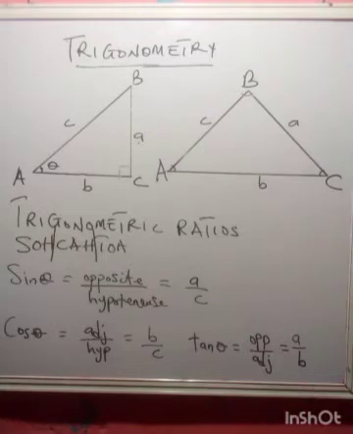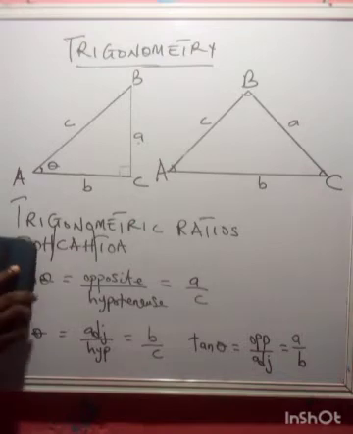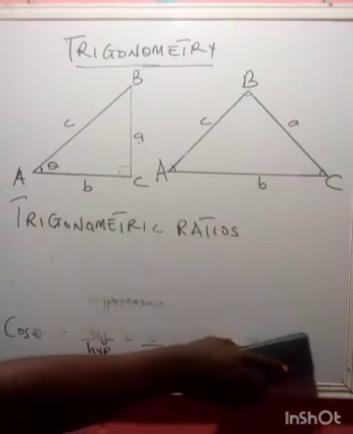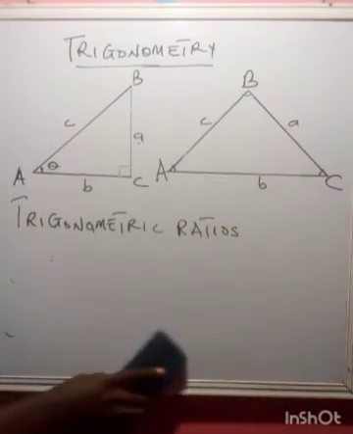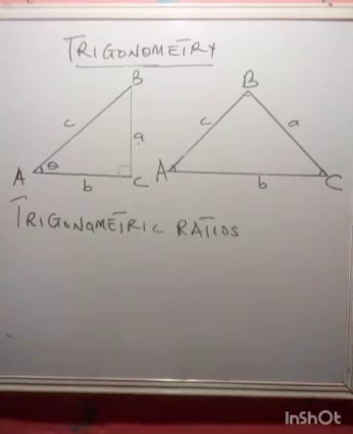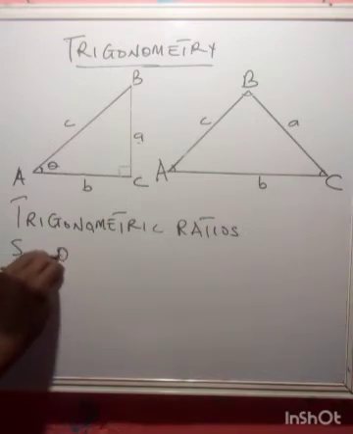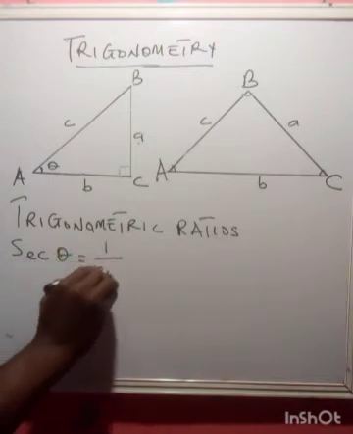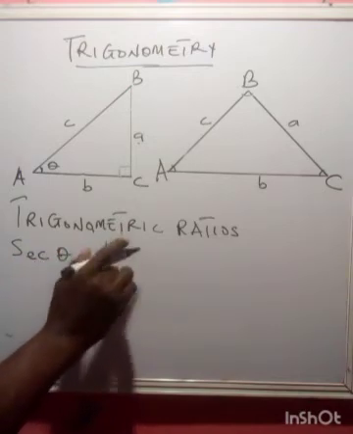But we also have others. Apart from sine, cosine, and tangents, we also have other ratios. We have sec theta, which is equal to 1 over cos theta.